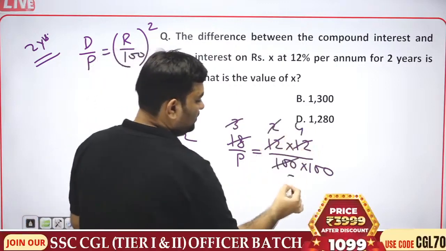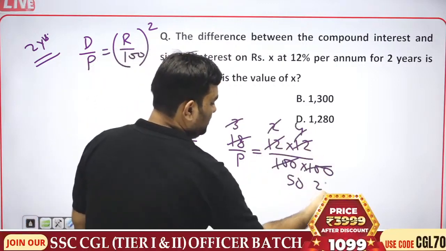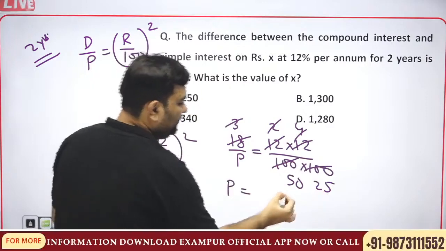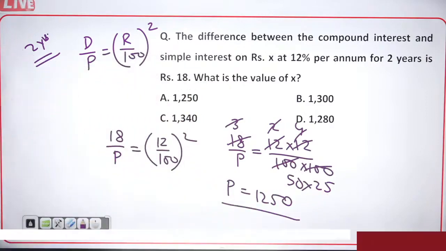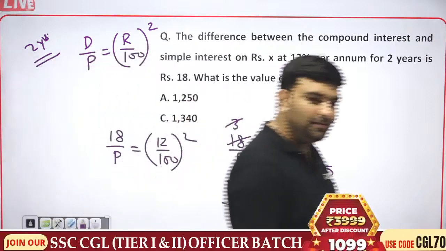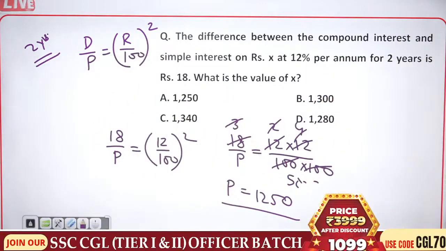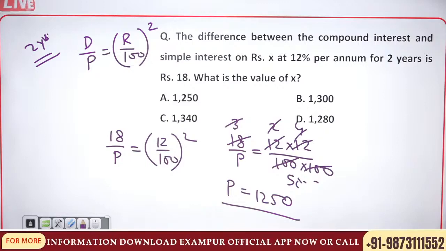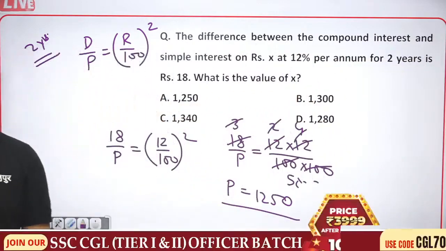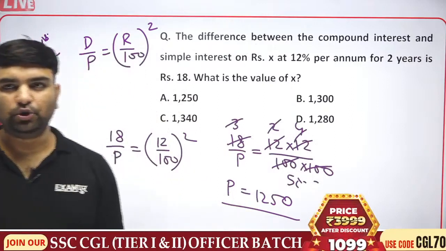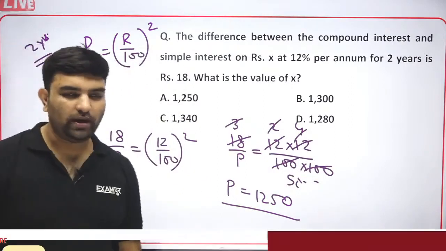Fatafat. Principal is 1250. For 2 years, the formula is difference over principal equal to (r over 100) whole square.